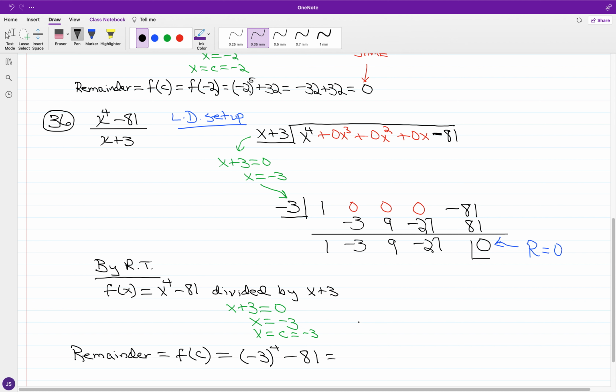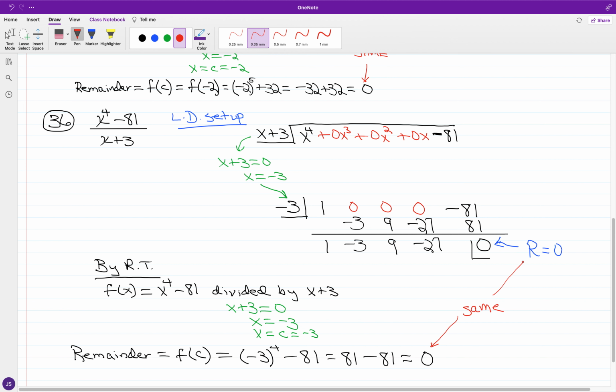Negative 3 to the fourth, negative 3 times itself, times itself, times itself, will be 81. And this also comes out to 0. So you can see history repeating, where we had the remainder to be 0.